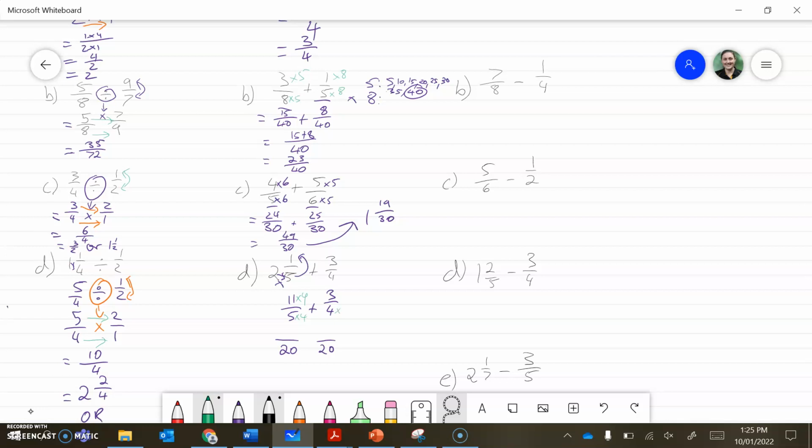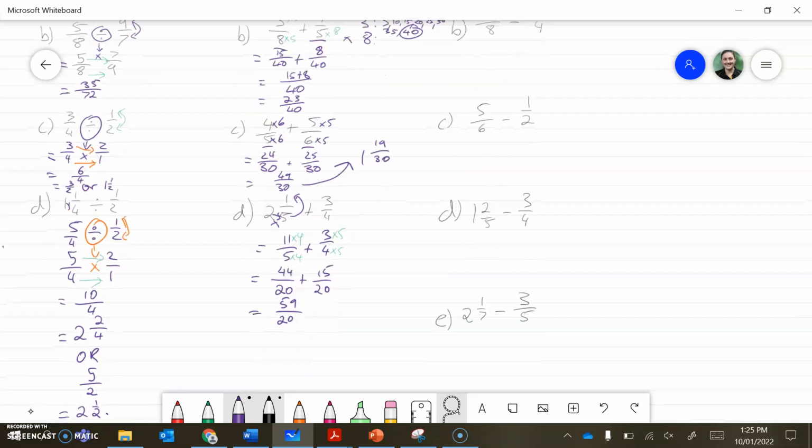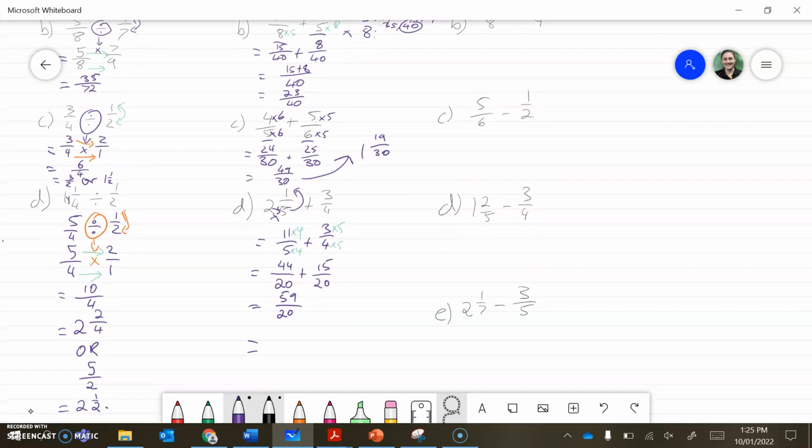To get from 4 to 20, I times by 5. Need to do that to the numerator as well. So here we've got 44 on 20 and 15 on 20, and they are being added. So 44 plus 15 is 59 on 20. And then I could simplify that by saying 2 and 19/20.